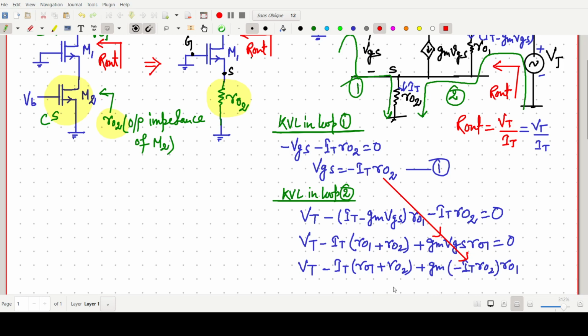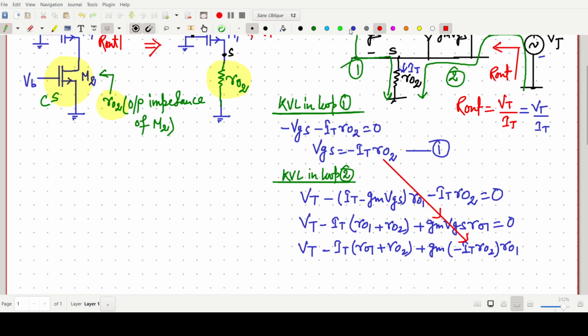After that we write VT, and if we take the second and third terms to the right hand side, we can write IT (r_o1 plus r_o2), and then plus gm IT r_o1 r_o2.